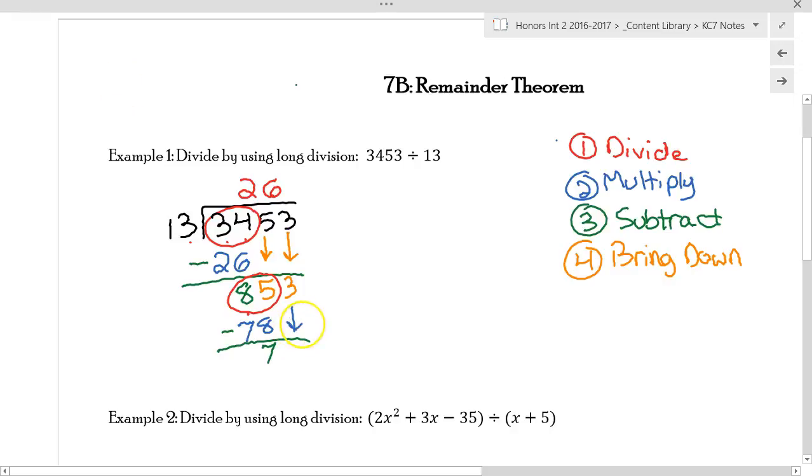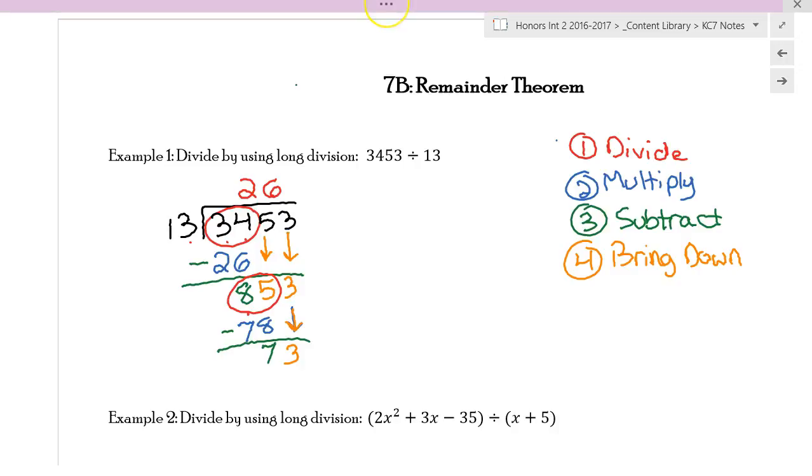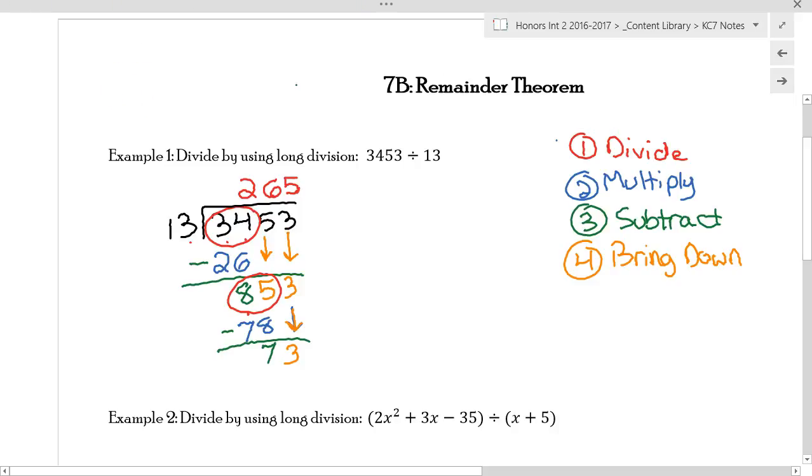And then I have to bring down 3. Then I have to go back to my division step. So how many times does 13 go into 73? I believe it's 5, because 6 will get us to 78, so we can't do that. So 5 times 13. Then our multiplication step, we get 65.